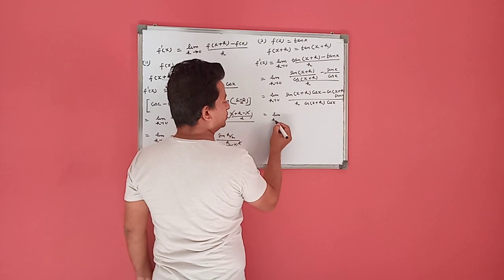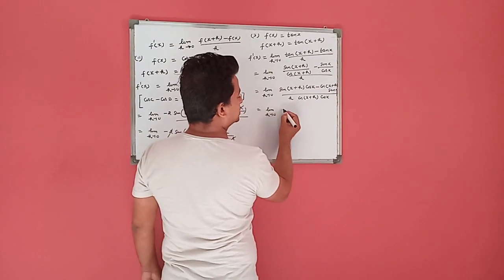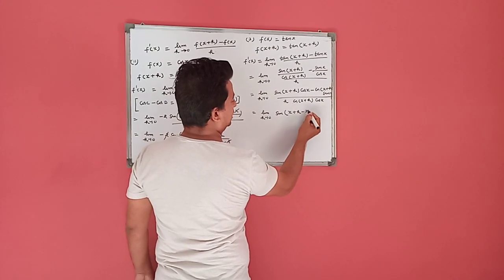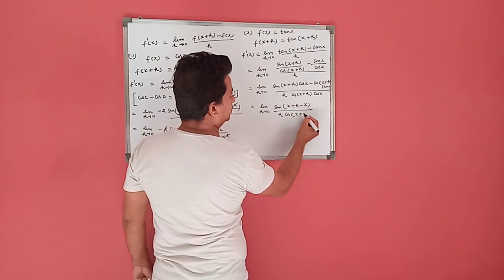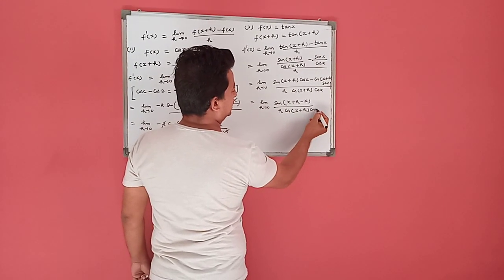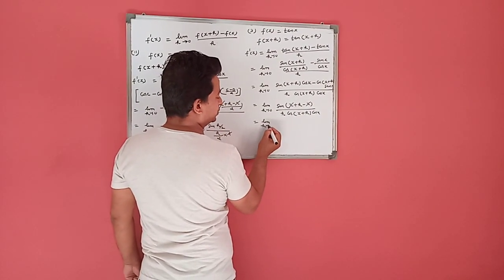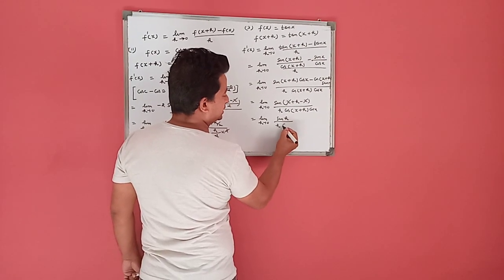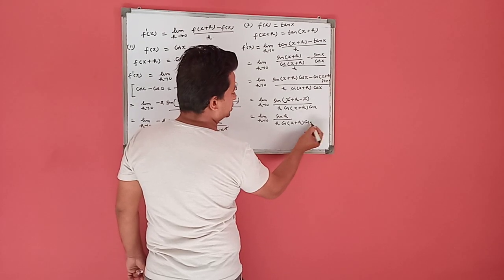As we know, sin A cos B minus cos A sin B equals sin(A − B). So this becomes, this cancels out. The limit as h approaches 0 of sin h upon h times cos(x + h) into cos x.